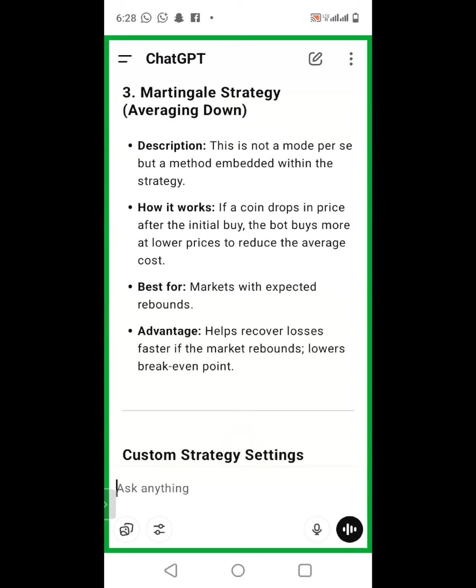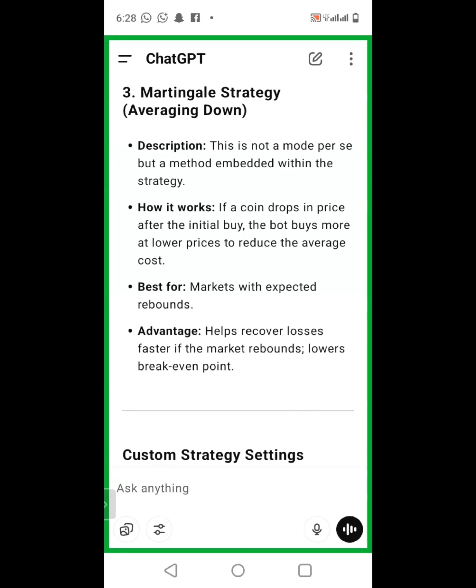How it works is that if a coin drops in price after the initial buy, the robot buys more at lower prices to reduce the average cost. This is one of the strategies the robot uses, and that is why the RoyalQ robot is different from other trading robots.